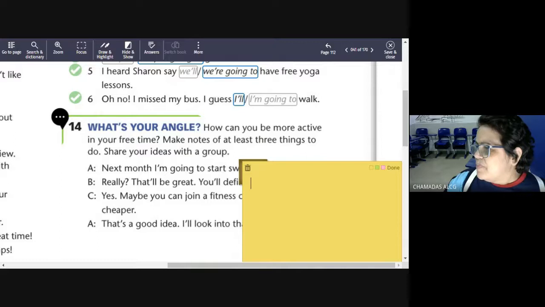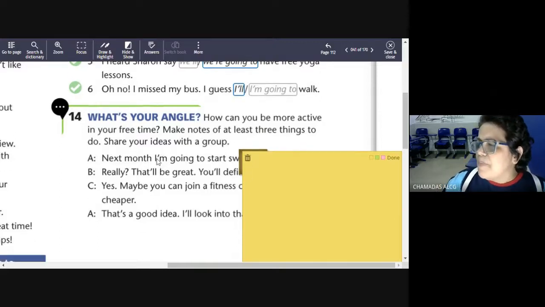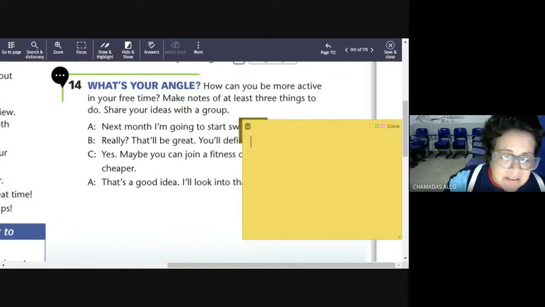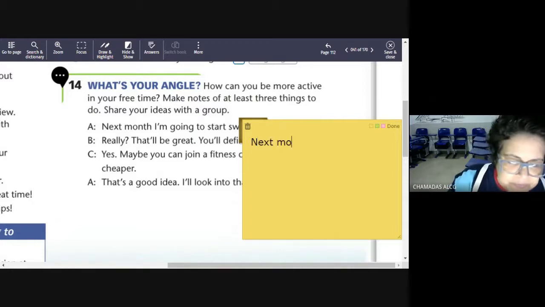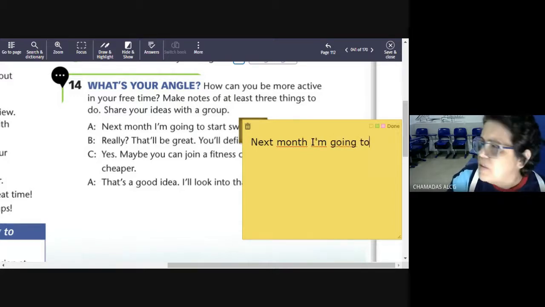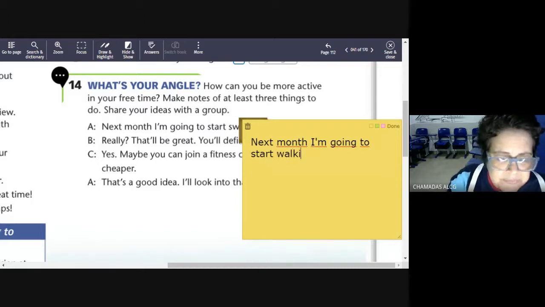So I'm going to use the model they put here. So we are in May, let's say in June, yeah? So let's go. Next month, and then we are going to use the structure they used here because we have decided. I'm not deciding now. So next month, I'm going to start, let's suppose, walking.